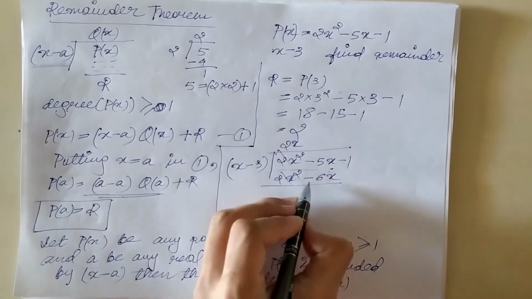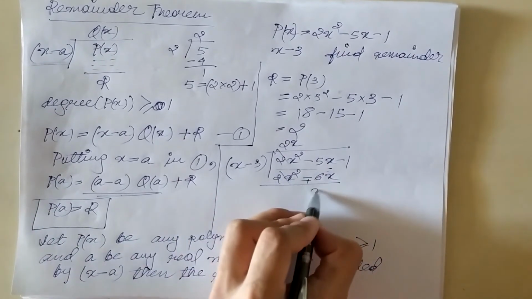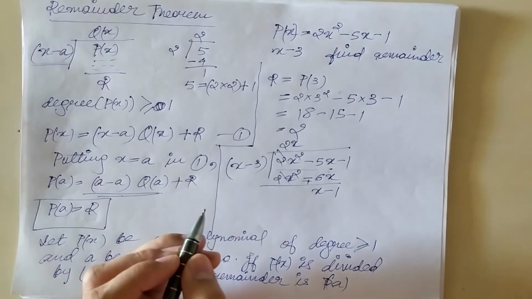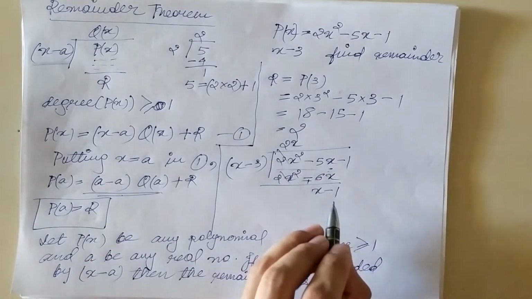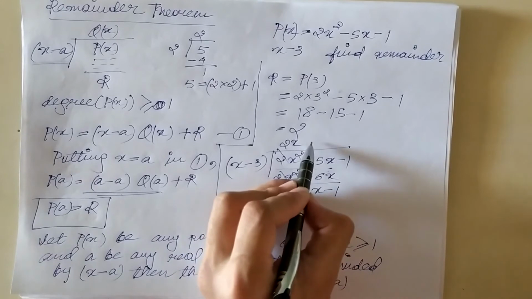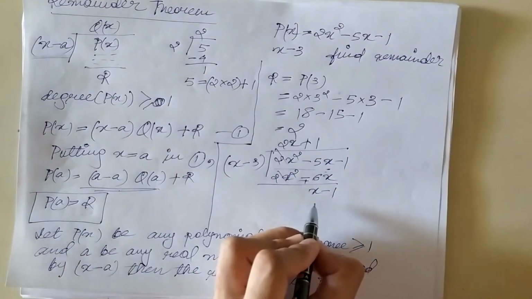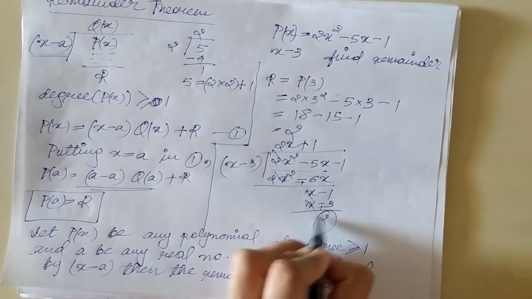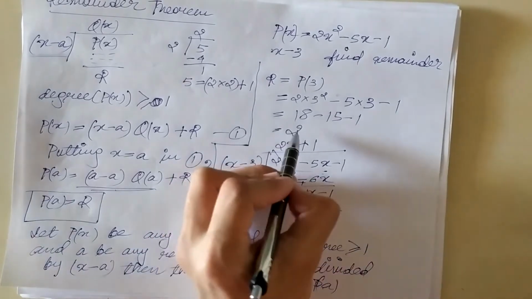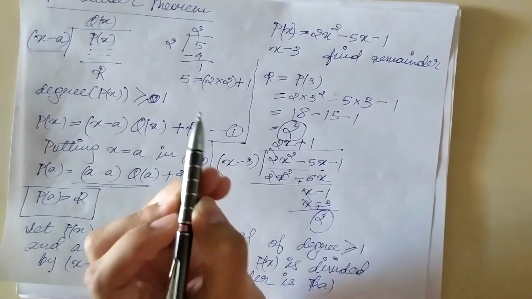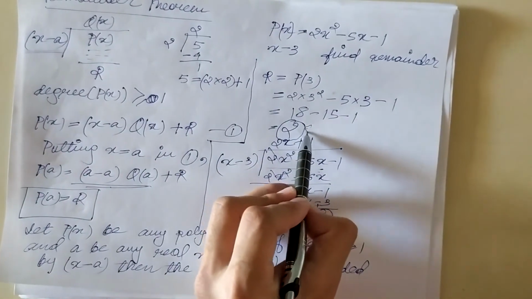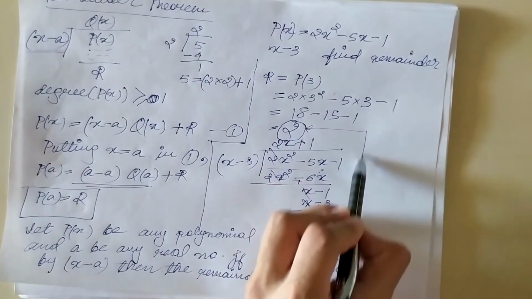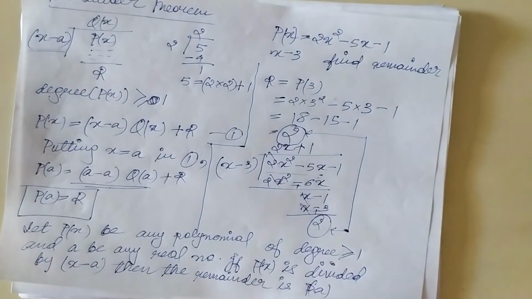This will get cancelled out. Sign change, this will be x minus 1. Now for dividing x minus 1 we need plus 1. So we'll get x minus 3. This will get cancelled out. Sign change, 2. 2 is the remainder by actual division, and through the remainder theorem also 2 is the remainder. So therefore we have just shown a verification of remainder theorem.